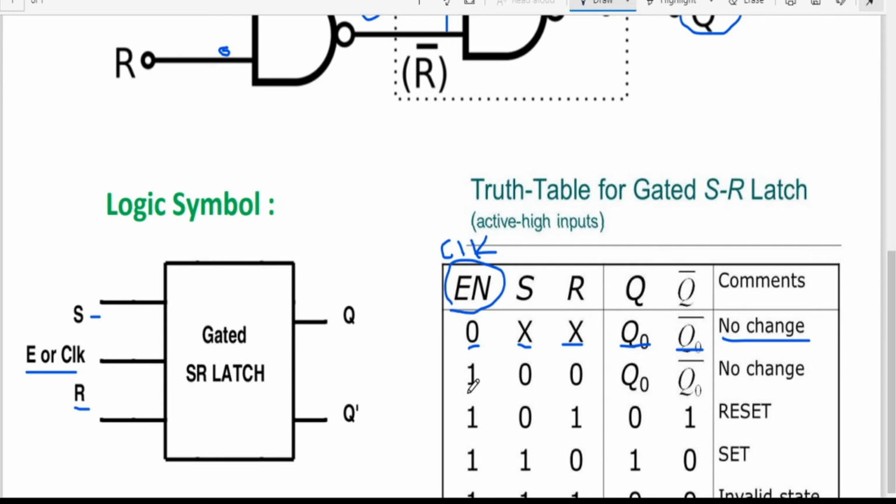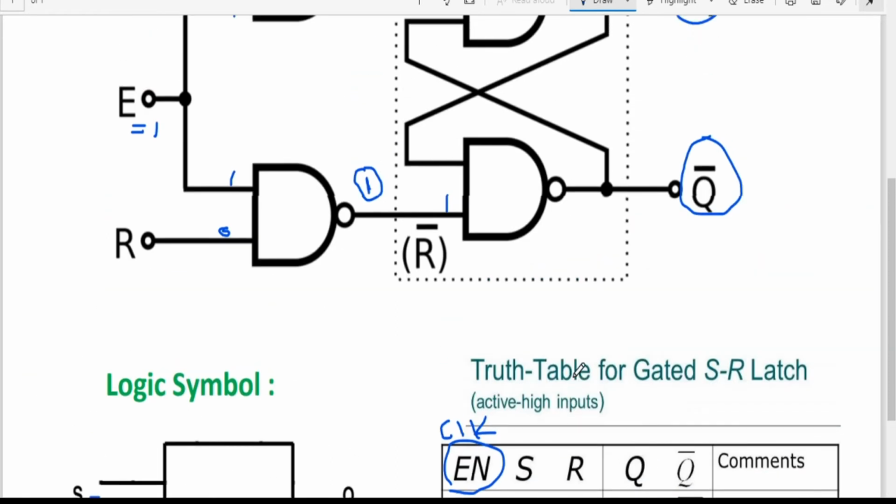So when the enable input is high and both S and R are 0 0, there is no change in the state of the latch. Q and Q bar remain in the same state. The previous state of the SR latch is retained.